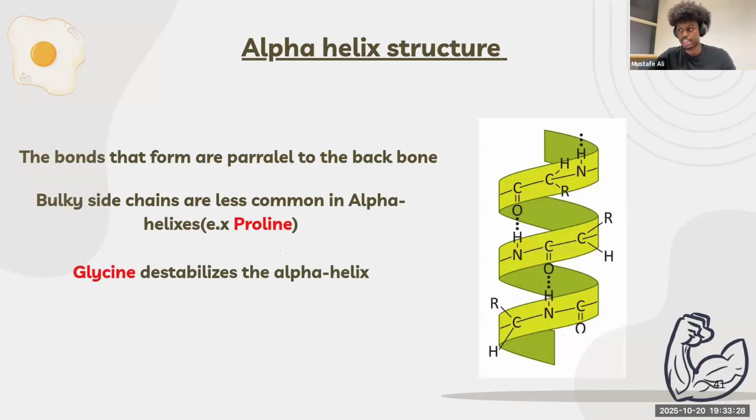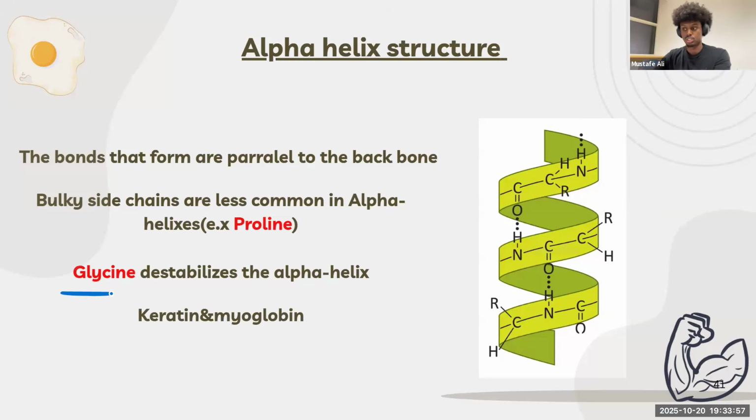Another amino acid that cannot be present in alpha helices is glycine, because it destabilizes the alpha helix. So remember, proline and glycine are never inside alpha helices because they destabilize the structure. Proline is because it has a really big R group, whilst glycine just destabilizes the structure. That's all I need you to know.